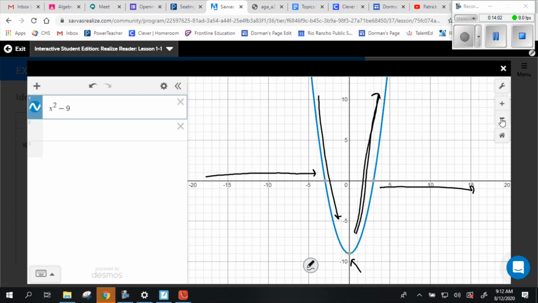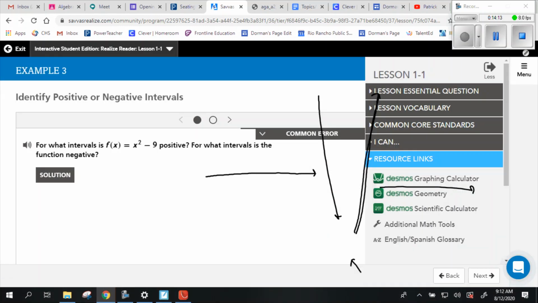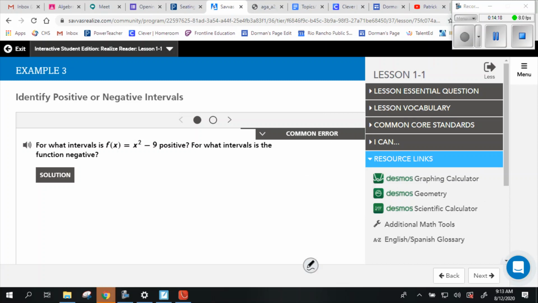So what we're going to say then, if we go back over here, is that it's increasing on the interval, or we can just give the interval in interval notation. We're going to include negative infinity, and remember, these are x values all the way up to 0.